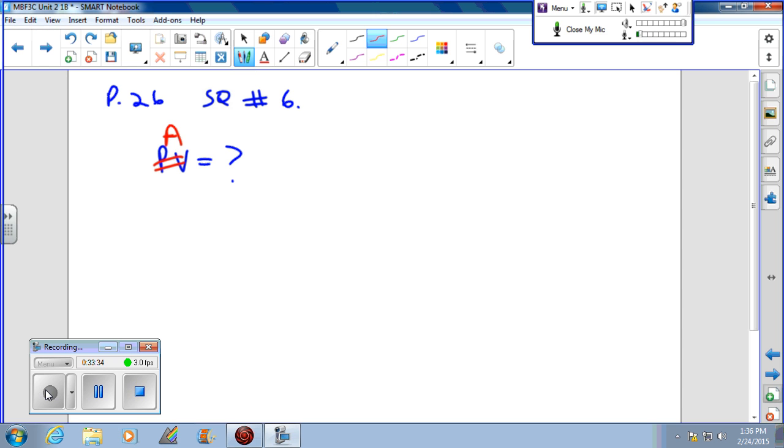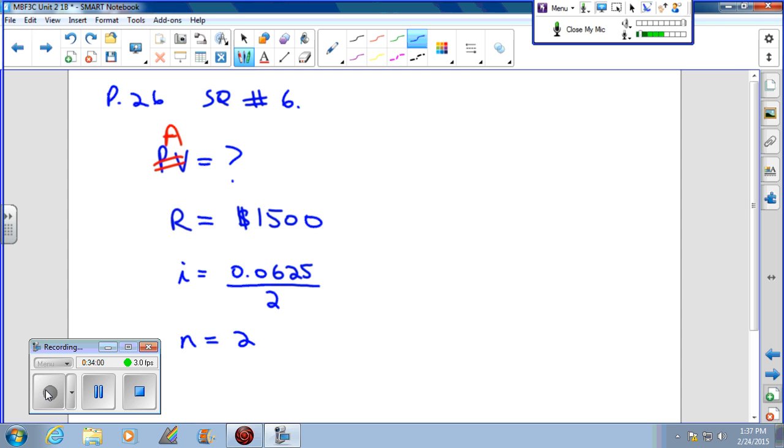She wants her R, the regular payment, to be 1,500. The interest rate is going to be 0.0625. Now let's watch this, because it's compounded semi-annually, twice per year. And our N is going to be twice per year times 20 years.